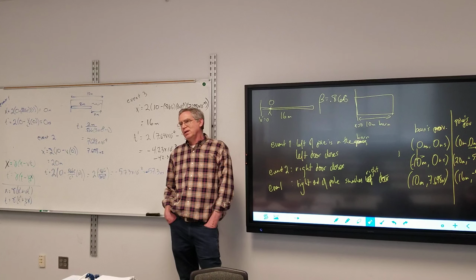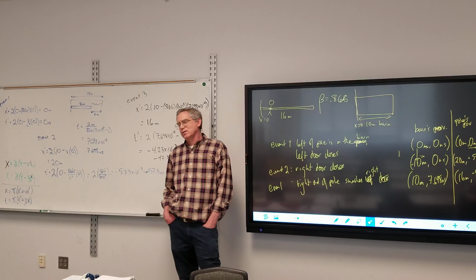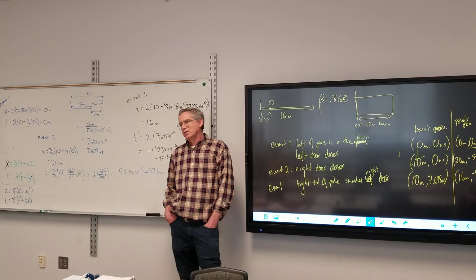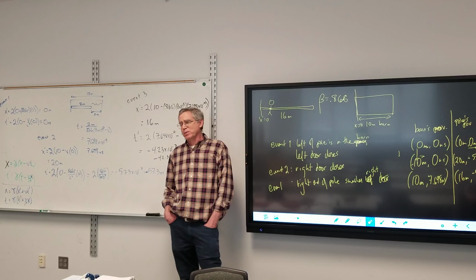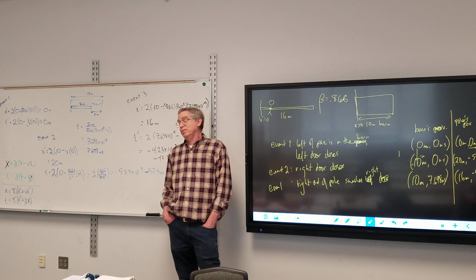So if you somehow stopped in that 7.7 nanoseconds, the pole would have to go through at least one of the doors. But since we're dealing with an accelerated reference frame, that's out of scope for special relativity. I'm not sure 100% how to deal with the math on that one.